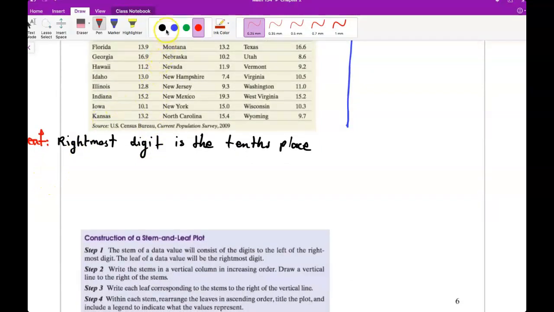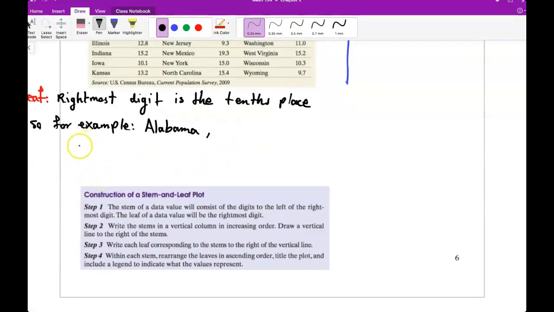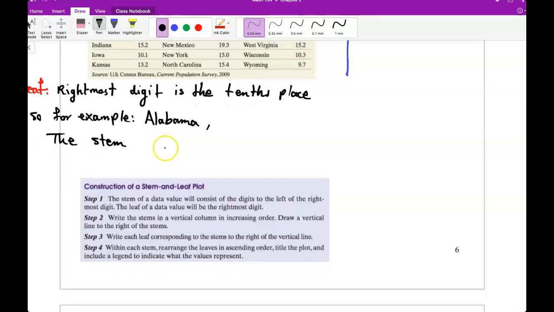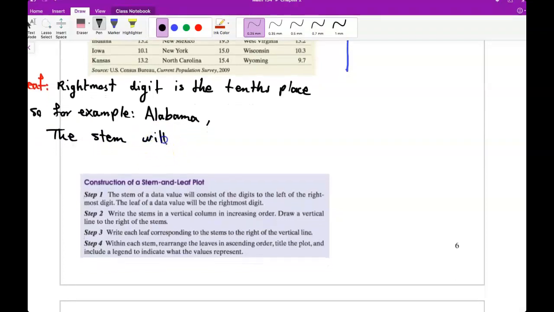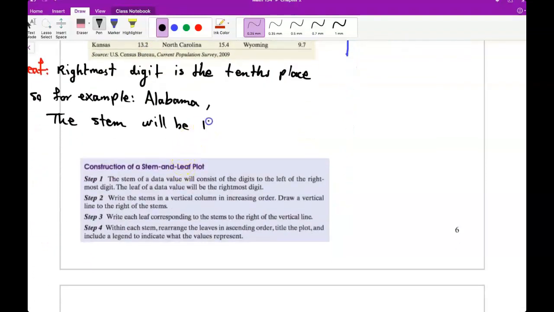So for example, the first one we have is Alabama. The stem is 15 and the leaf will be 7.